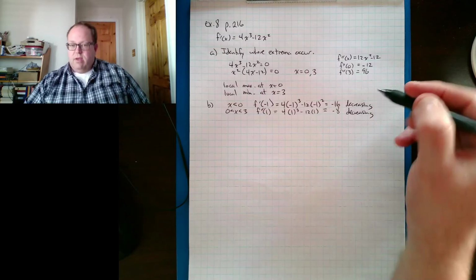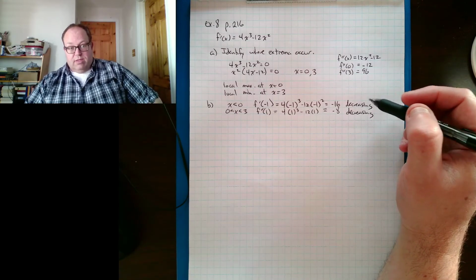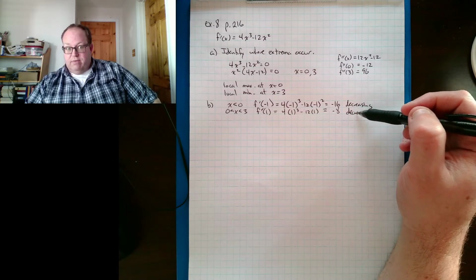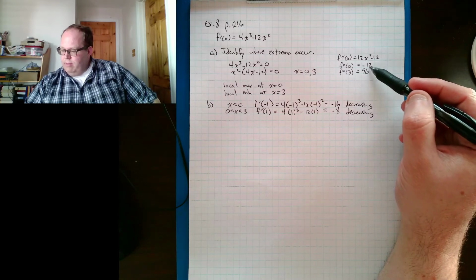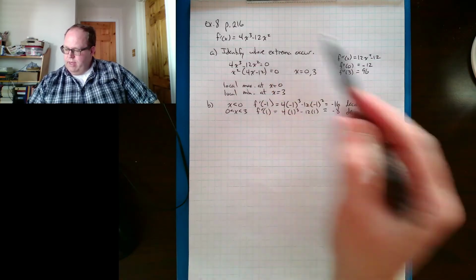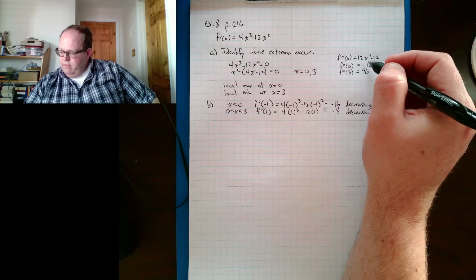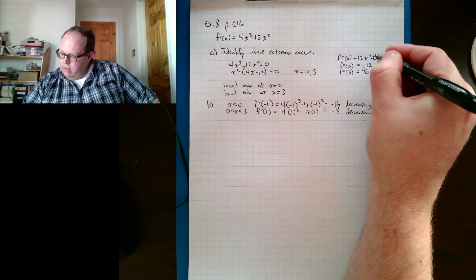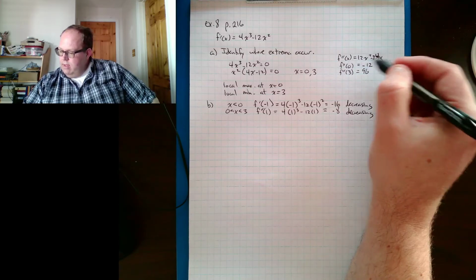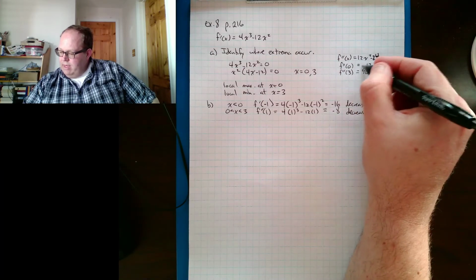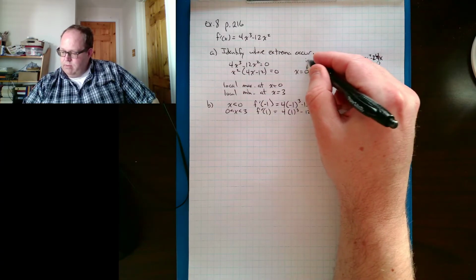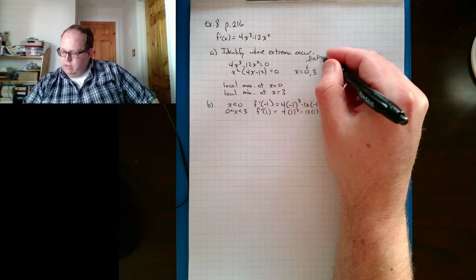Oh, nope. What I just found while I was looking at this tells me that at 0 I shouldn't have an extreme value because it's decreasing on either side of it. What I did was I made a mistake when I worked out my second derivative. My second derivative should be 12x squared minus 24x. Then when x is 0, my second derivative is equal to 0, which implies that is an inflection point, not an extrema.